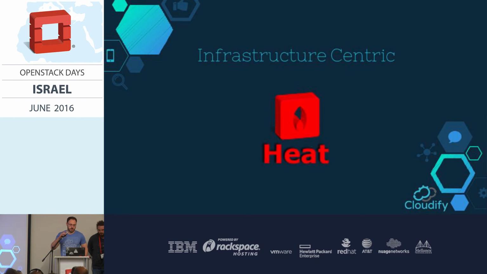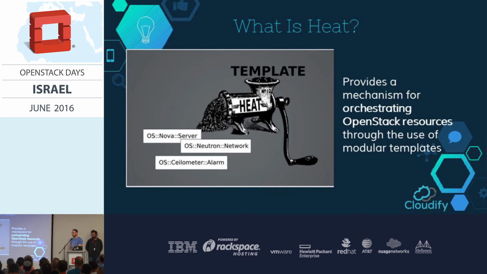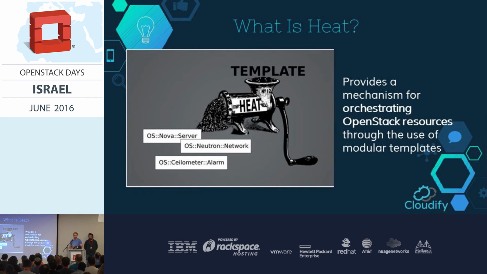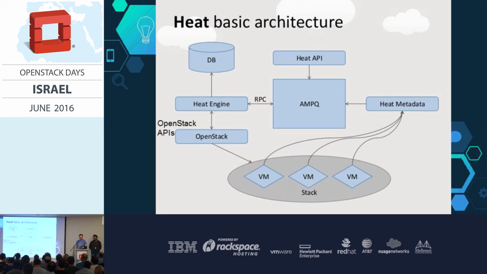Thank you. So Heat, in contrast to Kubernetes, is very much infrastructure-centric. Essentially, Heat is the native orchestration solution that is built in with OpenStack, orchestrating the various OpenStack resources. If we look at the architecture of Heat, you have the orchestration engine with an API talking through a message bus.